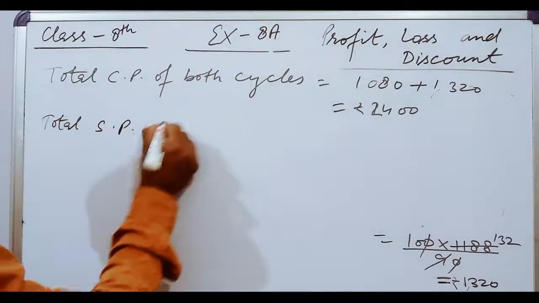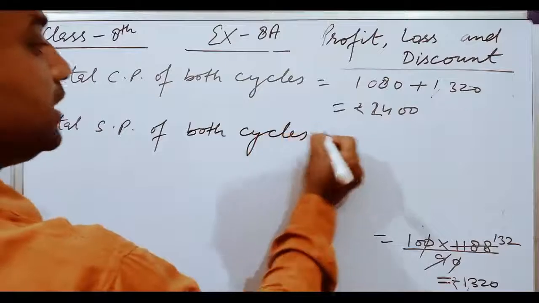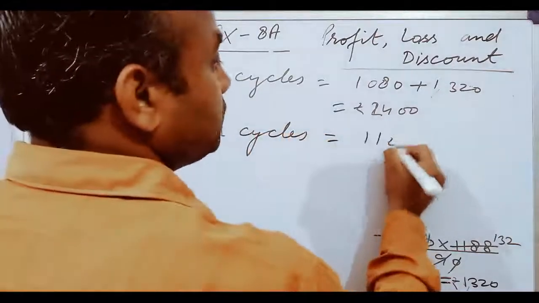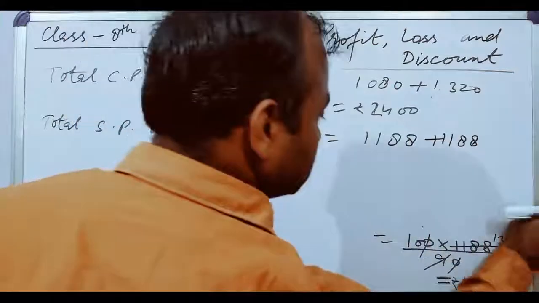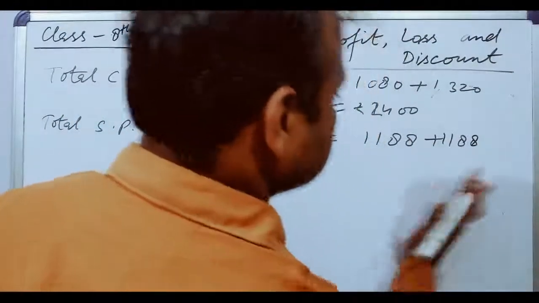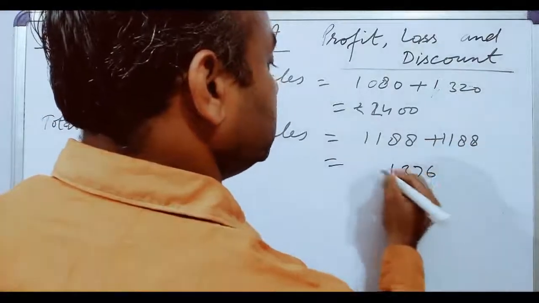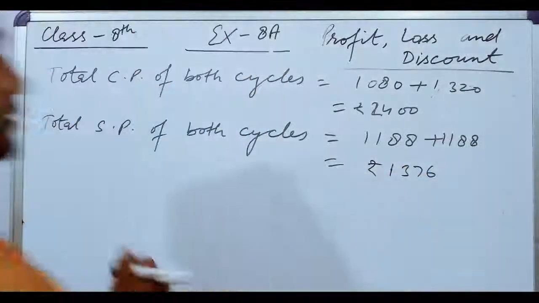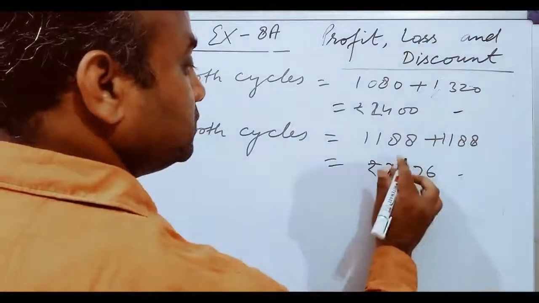Now the total SP of both cycles equal to 1188 plus 1188, which is 2376. It is total SP, and 2400 is total CP.